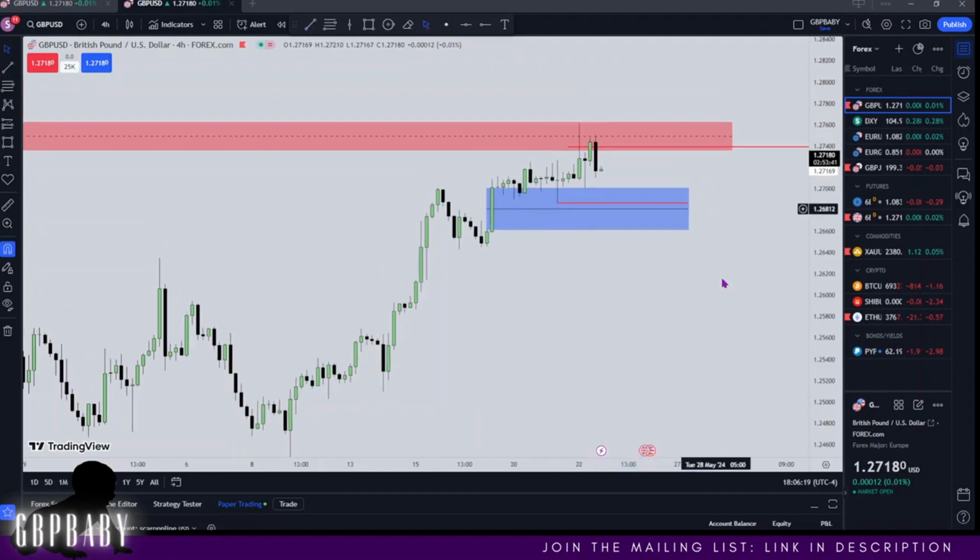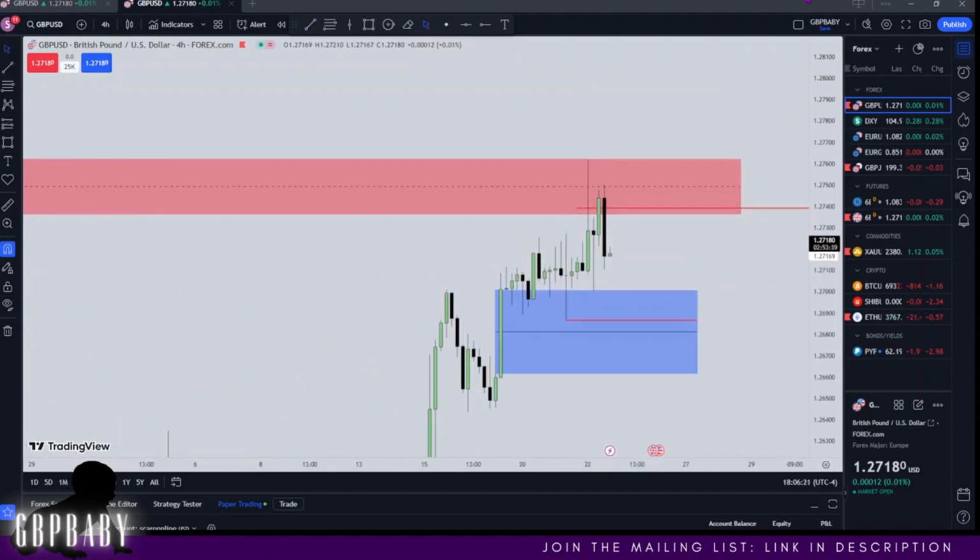Another thing that's making GBP really difficult to analyze is that we've now traded into both of our targets. If you've been watching my videos this week, you'll know I wanted to see price come down into this range and take out that Monday low, and I wanted to see it trade up into this 4-hour fair value gap. It's done both. So wherever it goes from here is going to be pretty indicational, and it's going to do it aggressively.